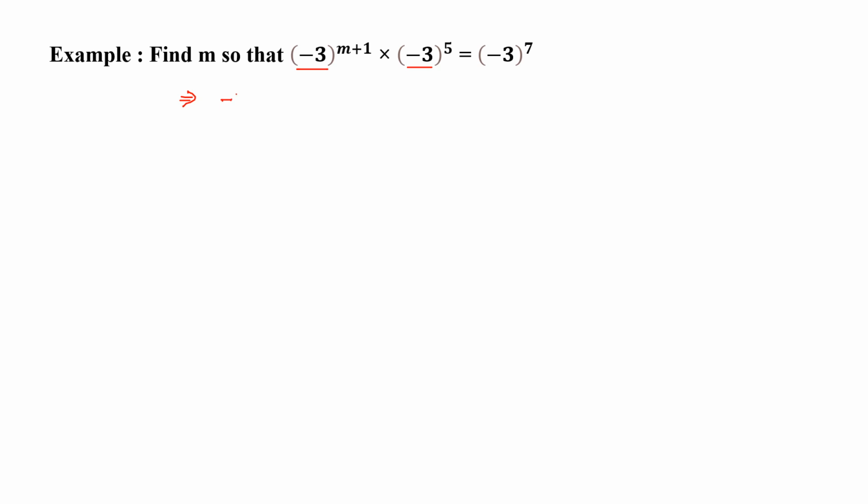So if you are using the product law, you have to keep the base same and add the powers. So if I'm adding it, I am getting -3 whole m plus 1 plus 5 equal to -3 whole 7. Now further we can write as -3 whole m plus 6 equal to -3 whole 7.